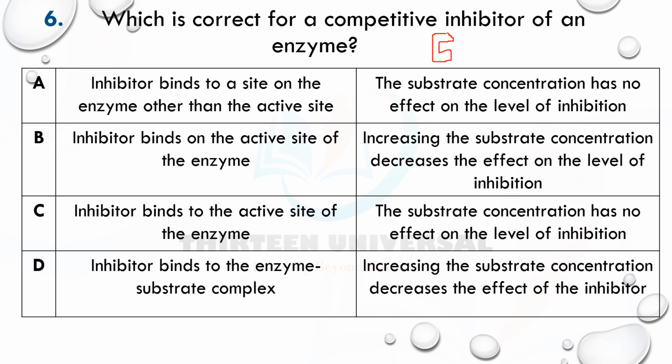If this is the substrate, the substrate should have a complementary shape to the enzyme, and let's assume the inhibitor is similar to the substrate. This is substrate, this is inhibitor I. This is the enzyme.